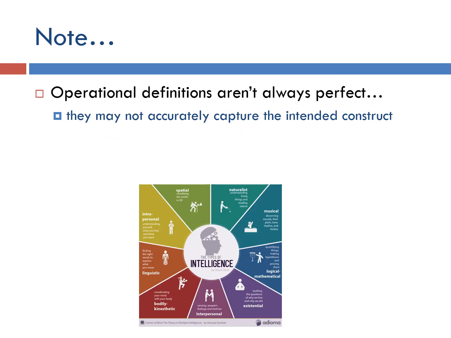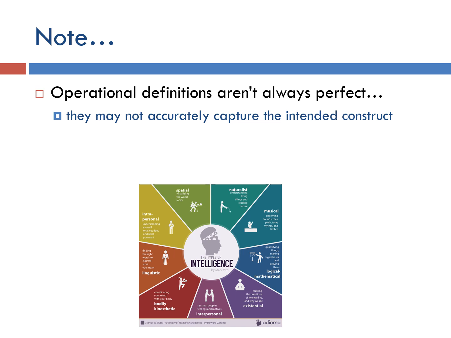So operational definitions aren't the only way, and they aren't always perfect. They might not accurately capture the intended construct. Again, whether it's a different culture, or we have found out through studies of, quote unquote, intelligence, that there's lots of different versions of intelligence, lots of different types. So that logical mathematical might be really good at the Raven's matrices, but someone who has a linguistic or a naturalist or an interpersonal intelligence might not find that those are that easy to accomplish, but they are still intelligent people.